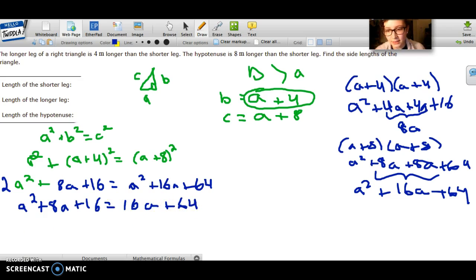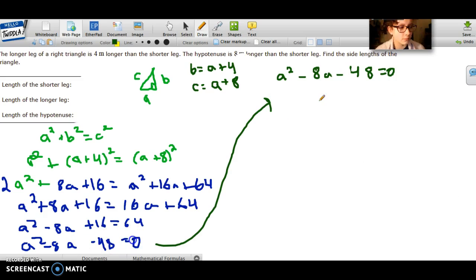Then subtract 16A on both sides and you get A squared minus 8A plus 16 is equal to 64. Subtract 64 on both sides, and 16 minus 64 is negative 48. So we get A squared minus 8A minus 48 equals 0.